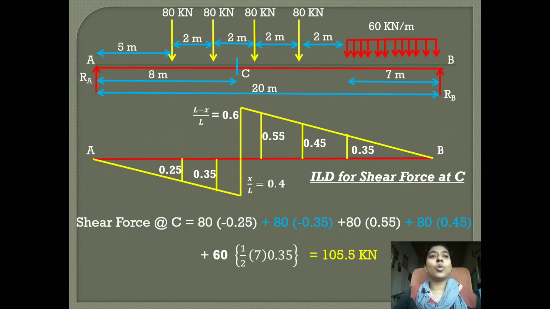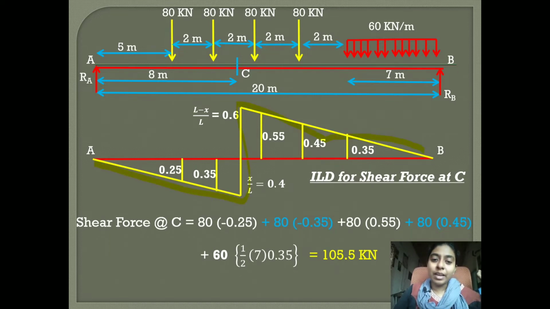I have told you in the previous classes, if you are asked to find the shear force and bending moment for a section, first of all draw the shape of the influence line diagram. So draw this.